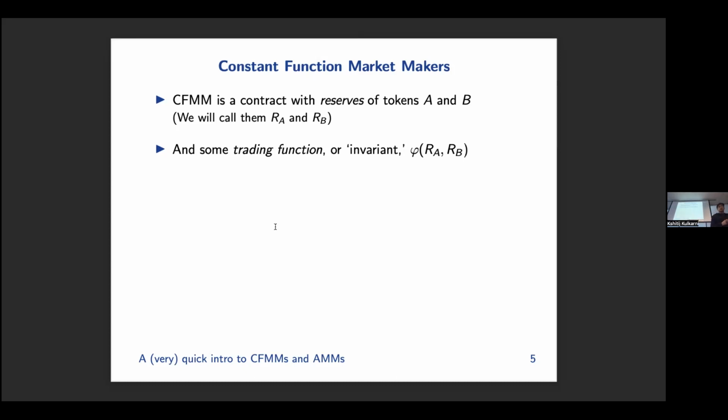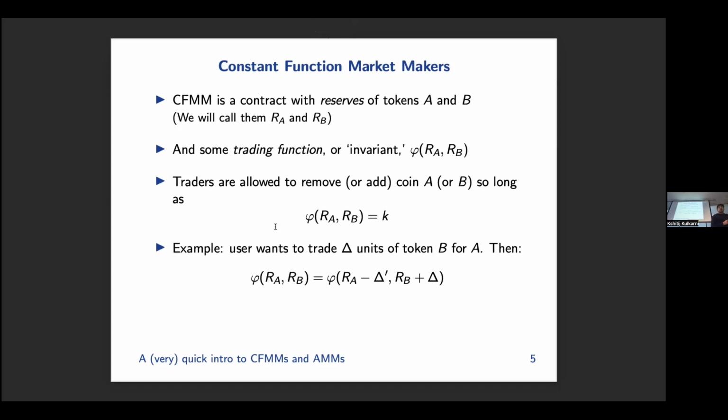There's a function called the trading invariant, or the invariant function, here denoted phi. And a trader who wants to interact with this exchange is allowed to remove or add reserves of A or B, so long as they keep the value of this function constant, hence constant function market maker.